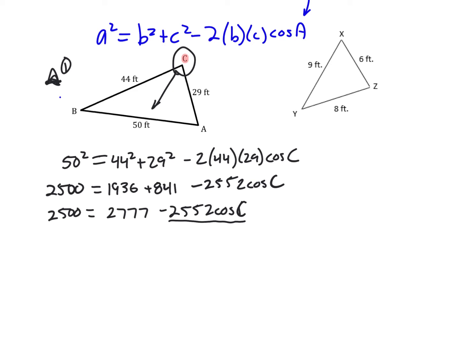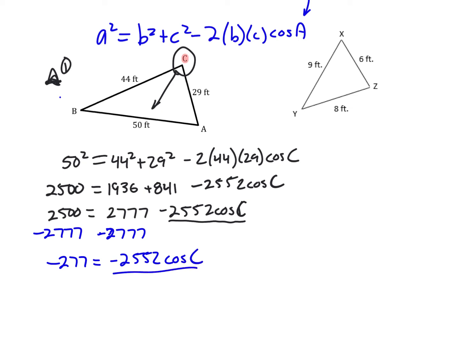The way I do it instead is I'm going to subtract 2,777 from both sides and get negative 277, and that's going to equal negative 2,552 cosine of C. So then I'm going to divide. If you're asking where I got the negative, this has been subtraction the whole time. I just kept the sign.